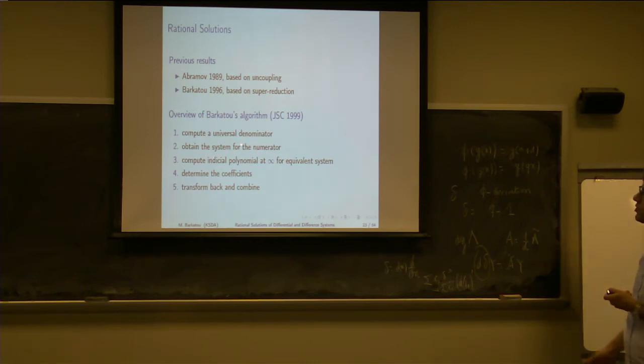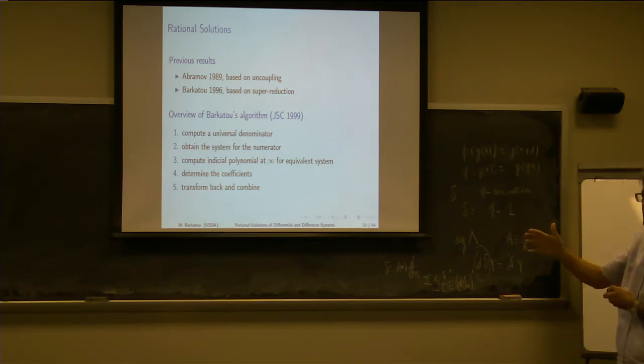And to find the polynomial solutions, you need to bound the degree of the polynomial solutions. This bound of the degree is, in fact, a so-called local exponent at infinity. So it's a root of the so-called initial equation.